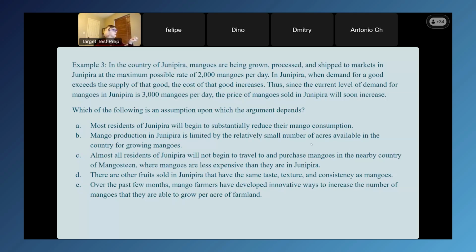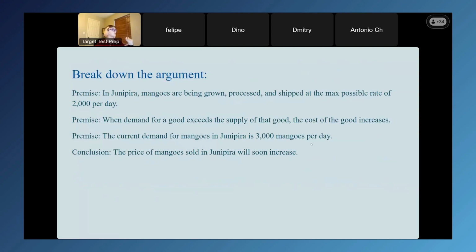Let's look at our breakdown. They are already in Junipero growing, processing, and shipping the max possible rate of mangoes, which is 2,000 per day. They also give us the premise that when demand for a good exceeds the supply of that good, the cost of the good increases. This is a classic example of how you shouldn't really need any specialized knowledge to answer critical reasoning questions.